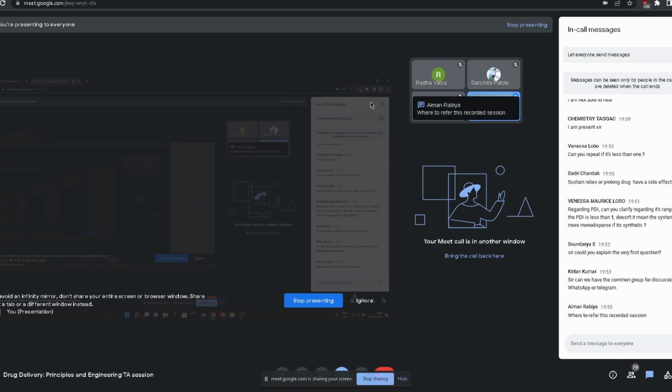And the other aspect is the bioavailability. Whether you want to increase or decrease the bioavailability depends on the application. For example, if I find that 20% bioavailability is sufficient for me to get a therapeutic effect, then I need not worry too much about increasing the bioavailability, right?